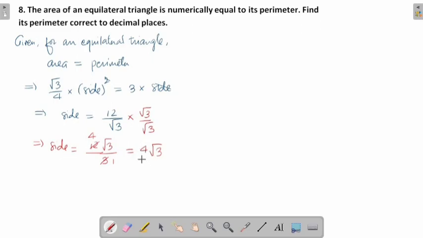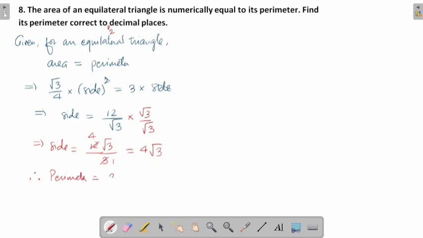Now you are asked to find the perimeter correct to, just wait a minute, let me check your question. You have to find it correct to 2 decimal places. So first, let's see what your perimeter will be.